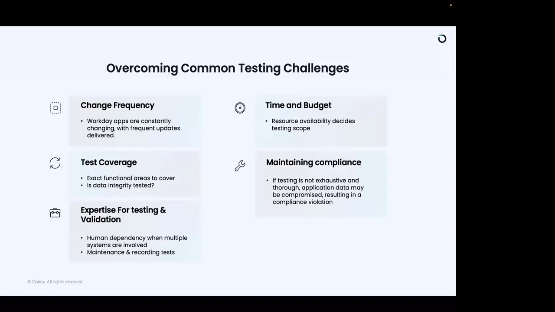There are multiple changes that are happening. There are changes that are constantly happening in terms of the release cycles. That's one. In terms of the functional areas that you are incorporating in your organization and part of your operations, which Workday is a part of. The expertise on testing and validation is human dependent. There are implementation specialists and consultants that are really making sure that these different systems are well integrated.